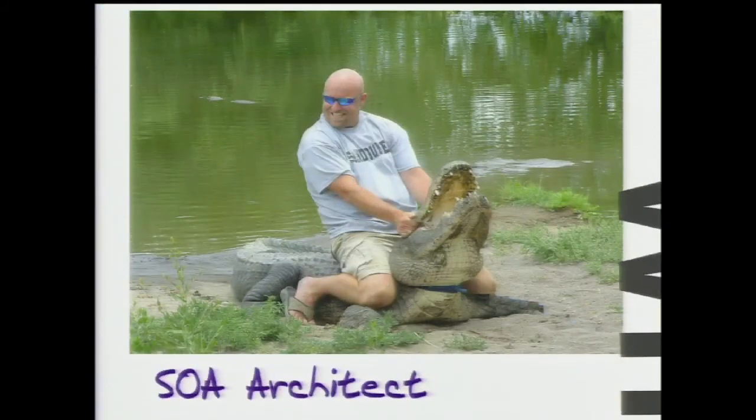So who am I? I put this picture up there because it serves two purposes. One, it makes me look like a badass. Two, there's a slight alteration to this photo. And the reason why it's there is because being an SOA architect, there's a lot of little hidden gems in some of this software. On the surface, they look badass. You get to build these systems. They fit together really well, very easily.